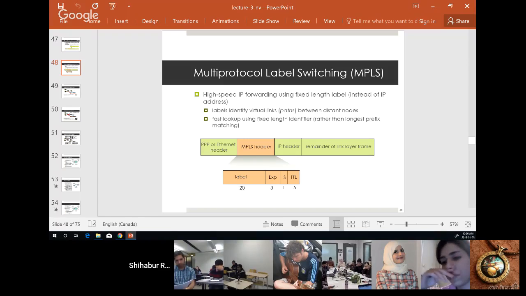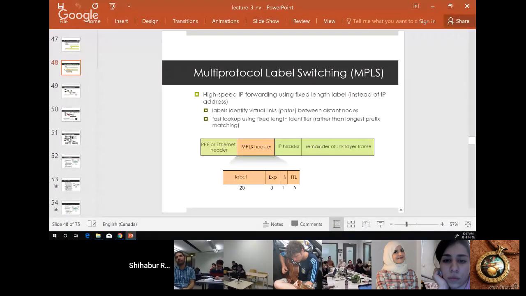Now, the way it works in MPLS, you can think of it as a layer 2, layer 3, or in-between type of protocol that makes the forwarding faster, because instead of forwarding packets based on IP addresses, it does the forwarding based on the so-called MPLS labels. The label is a fixed size field, so already it's not a variable size field like longest prefix match.